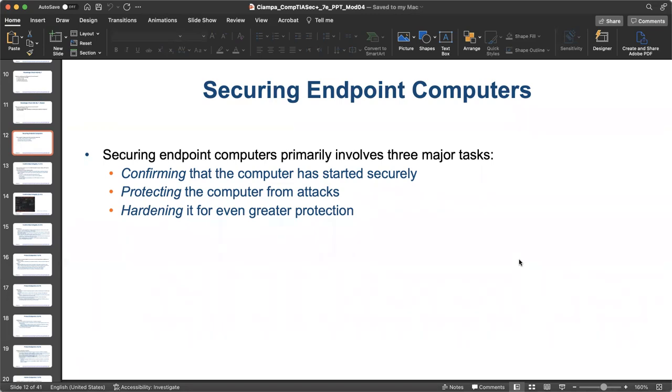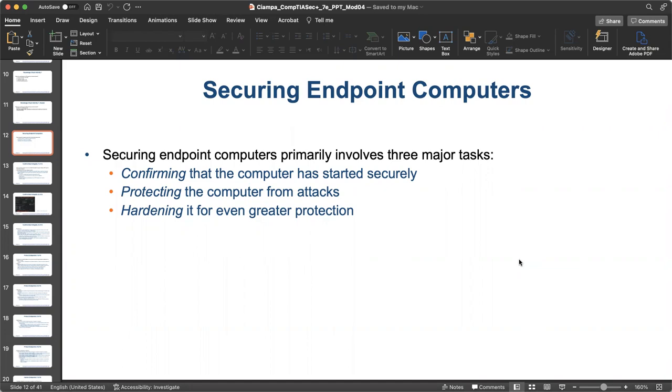They contain data stored locally, and they can be used as a springboard to attack the other endpoints. So we discussed lateral movement previously. If your desktop computer is compromised, then an attacker can easily use it as a lateral movement foothold in order to compromise any other computer which is connected to that one.